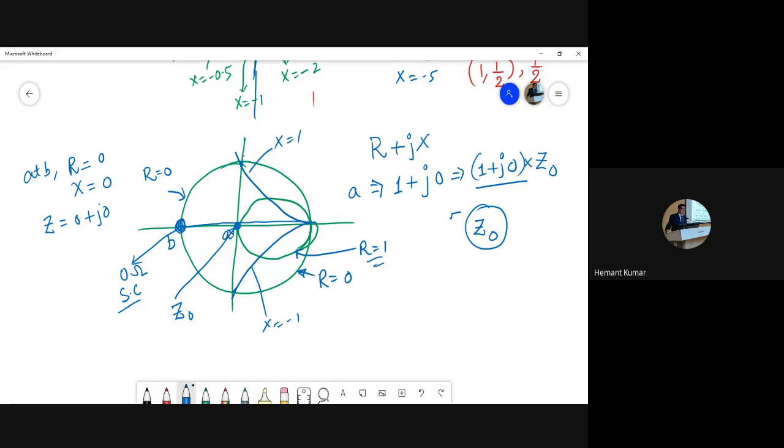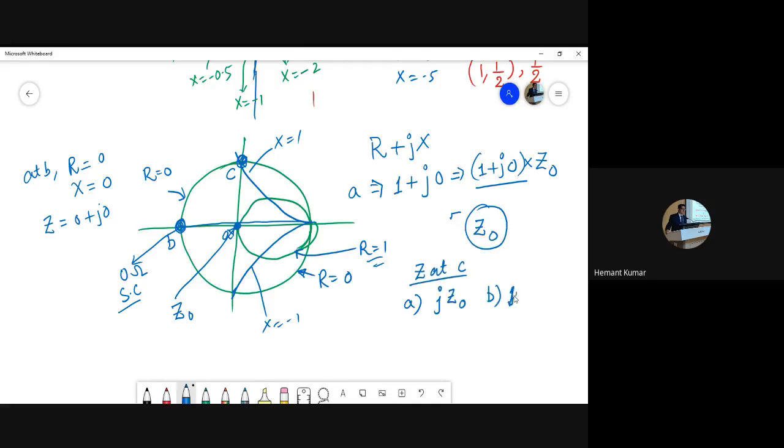If I ask you what is the impedance at point C, you calculate. Please type your answer in the chat box. I am giving you four options for the impedance at point C. Option A is jZ naught.